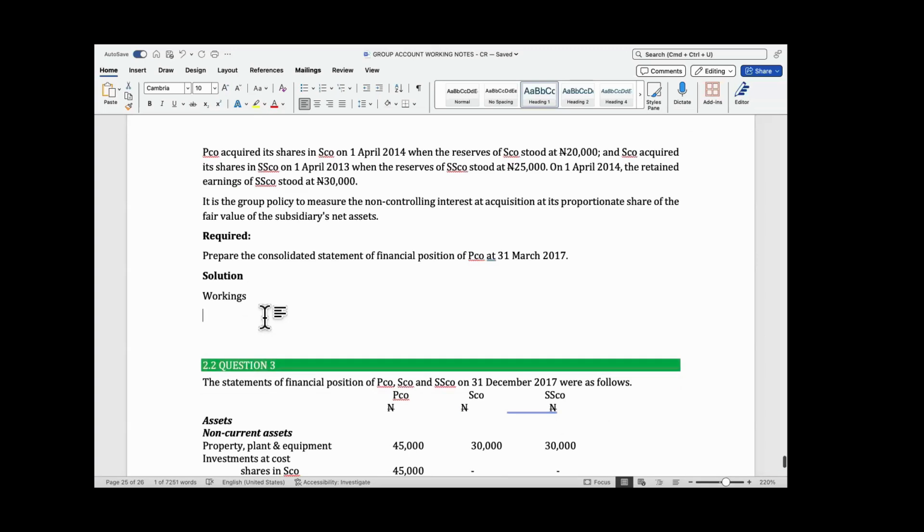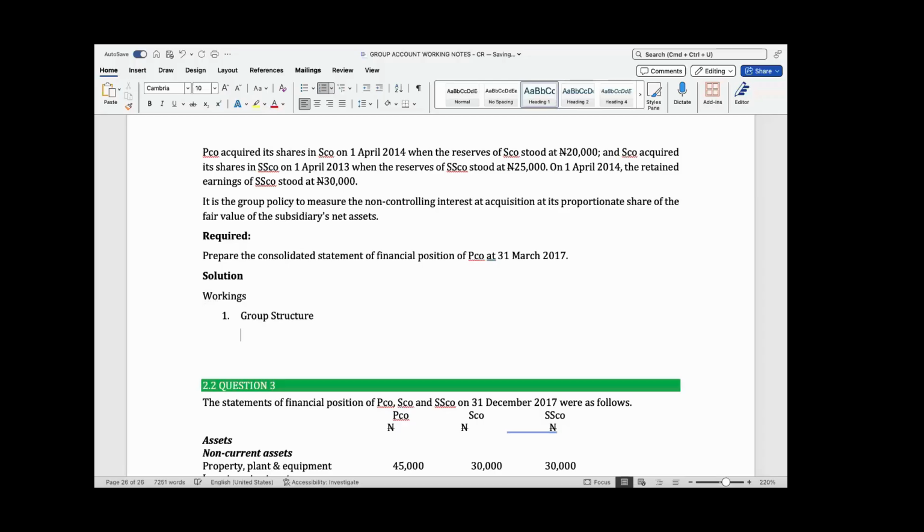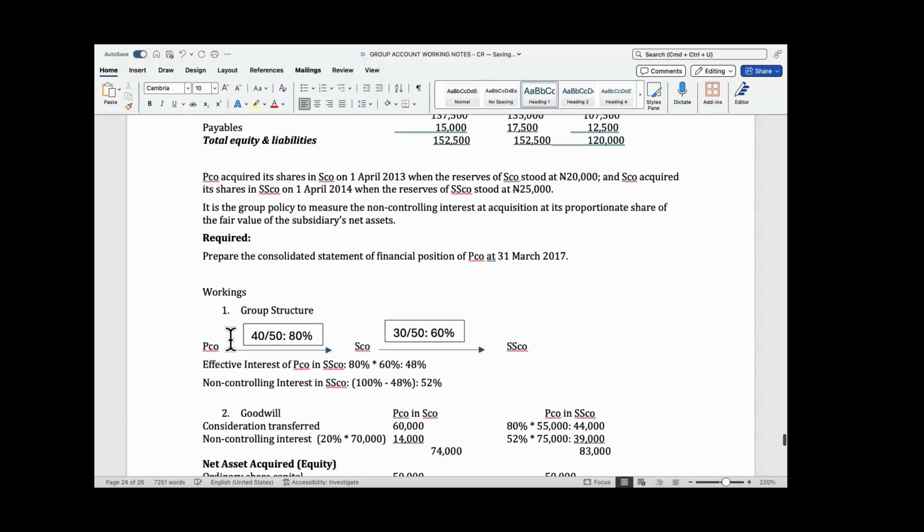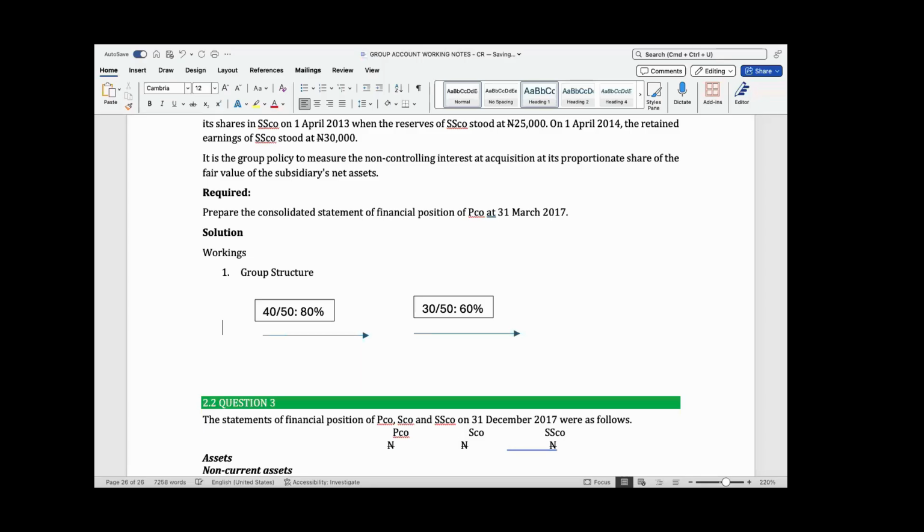So that means the group structure, the first thing I will always love you to identify clearly is the group structure. Just like we have established here, it's important you identify it there as well.